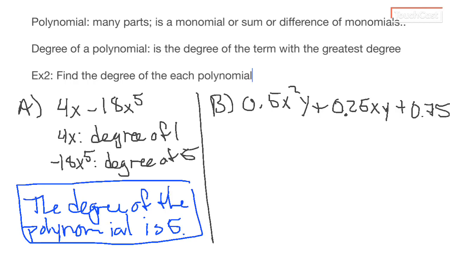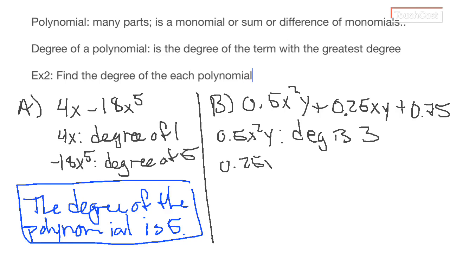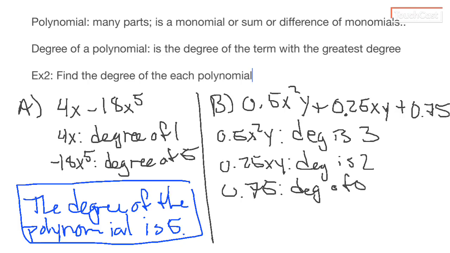So our degree of our first term, 0.5 x squared y, that degree, which I'm going to just write deg for degree, is 3. 0.25 xy has a degree of 2, and 0.75 has a degree of 0.